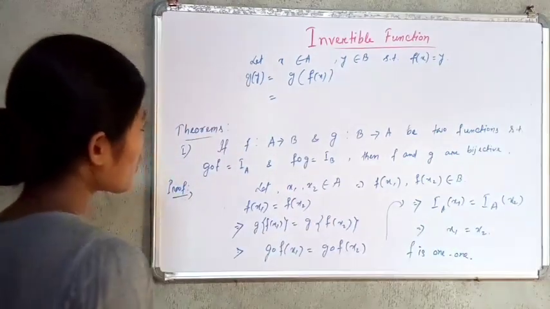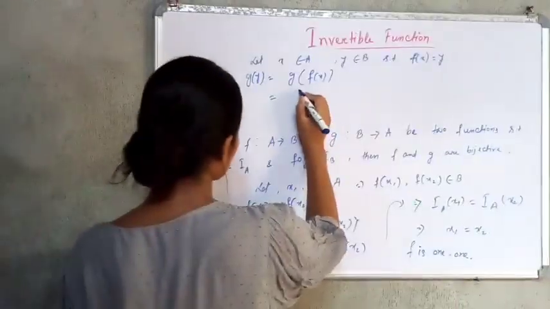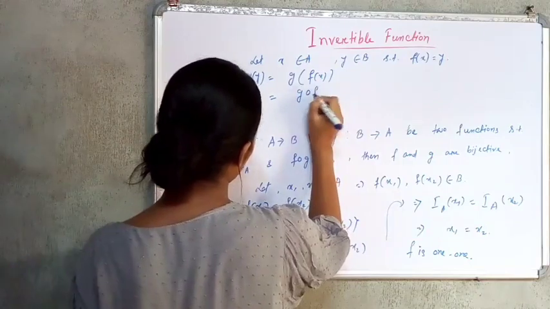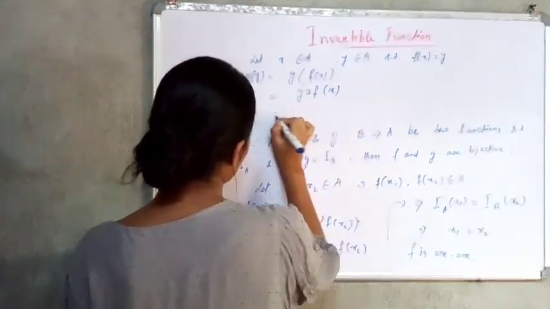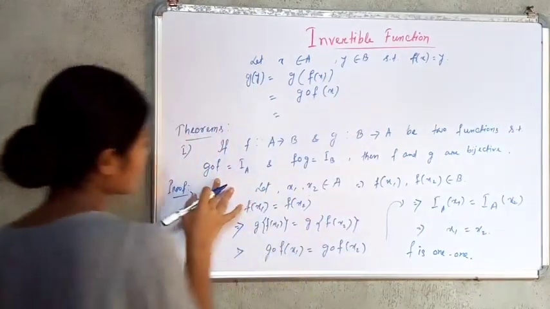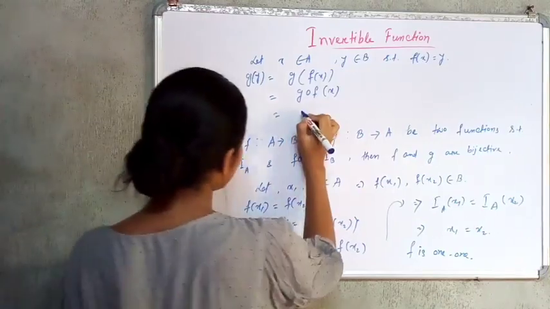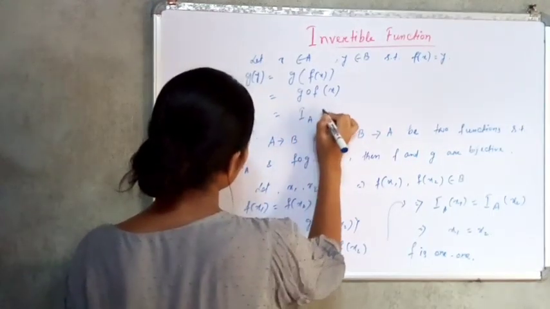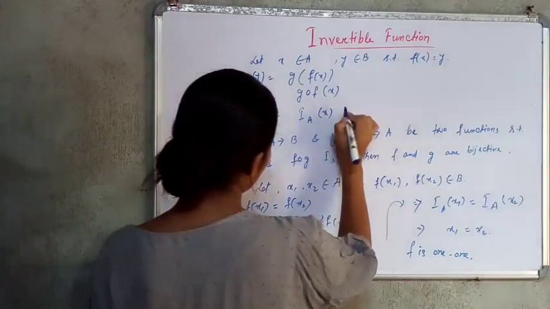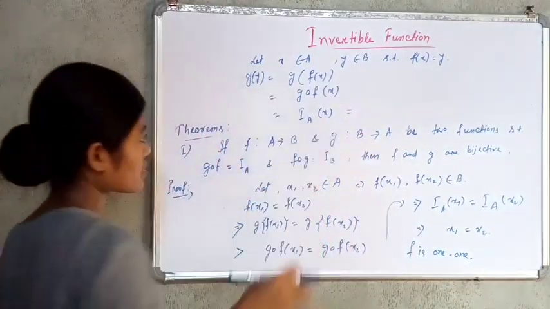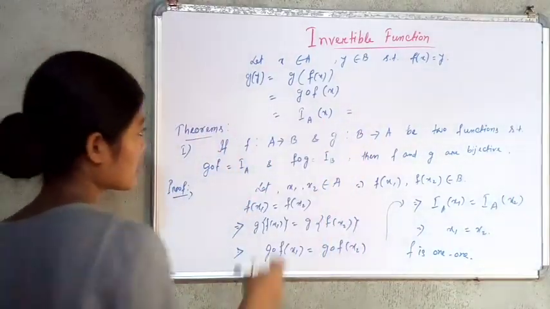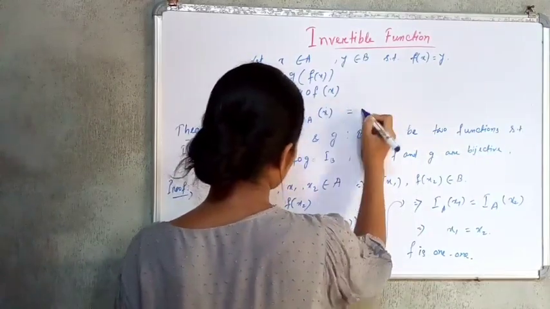And g of f of x we can write as g naught f of x. And g naught f is the identity map I_A, and the identity map of an element is the element itself.